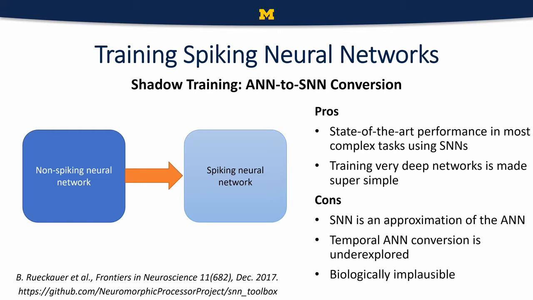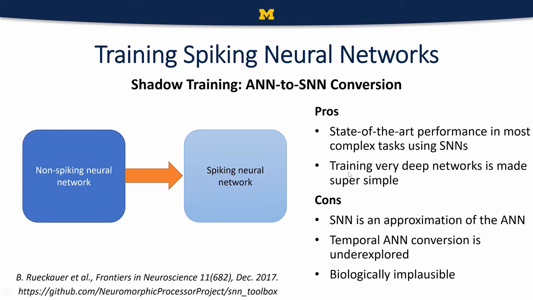Now, a couple of cons here. Just by the nature of converting a non-spiking neural network into a spiking neural network, your SNN is an approximation, right? So it's very unlikely that your spiking neural net is going to hit the same accuracy as the original shadow-trained neural network. So that's one potential con.